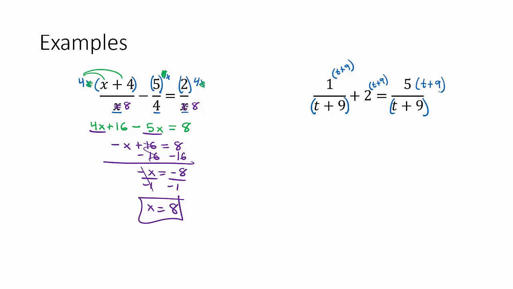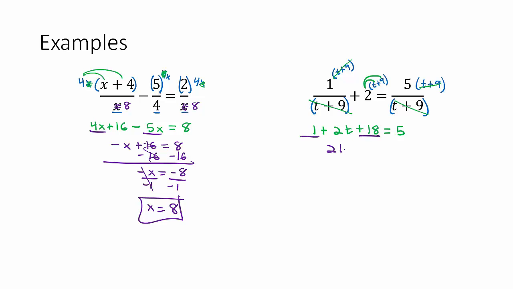Every term gets multiplied by the t plus 9, which means it'll reduce on the fractions and be left behind on the number. So we've got 1 plus, let's distribute that 2 through while we have the chance, 2t plus 2 times 9 is 18 equals 5. And that will give us an equation that we're able to solve.